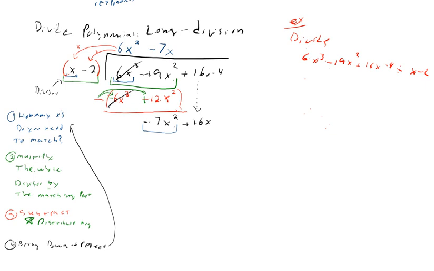And I need 1 more x. Negative 7x. And now I take negative 7x and multiply. Negative 7x times x is negative 7x squared. Always matching. Negative 7x times negative 2 is going to be plus 14x.